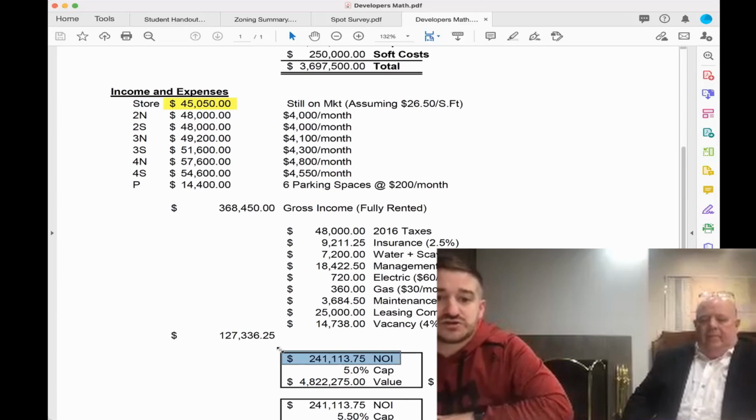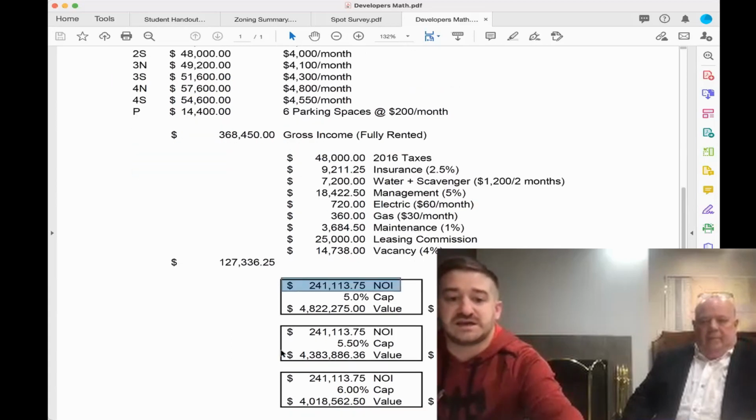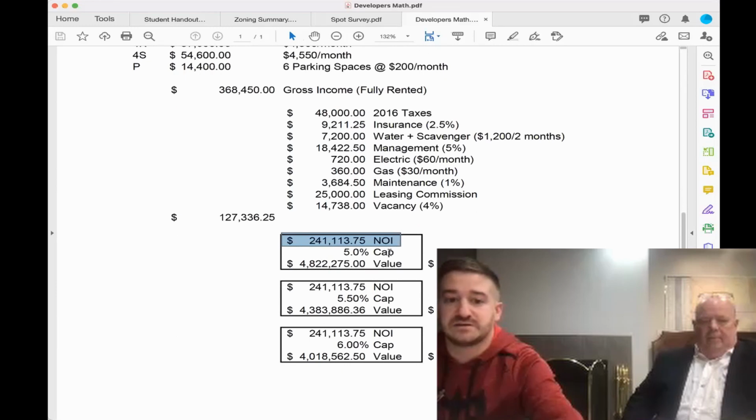So as a new construction development, based off of him developing it only to a 6.5% cap rate, he most likely would not sell this building unless the market is dictating he can get a 5% cap rate.